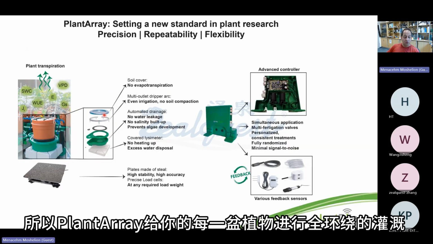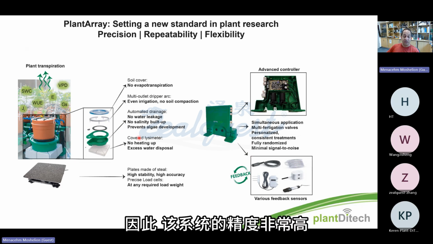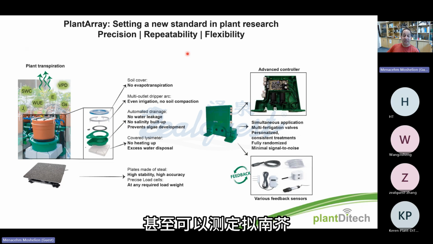So the Plant-Ditech gives you a fully surrounded irrigation for each pot. So the precision is very, very high with this system, which enables you even to measure Arabidopsis plants. It's in the resolution of grams.